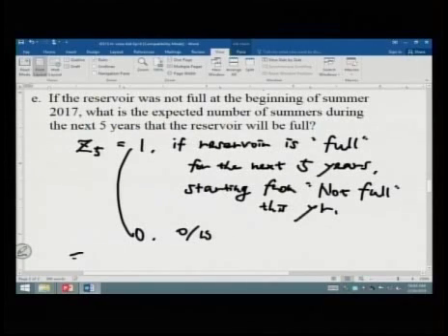Then the next thing is how to get the expected value of G5.